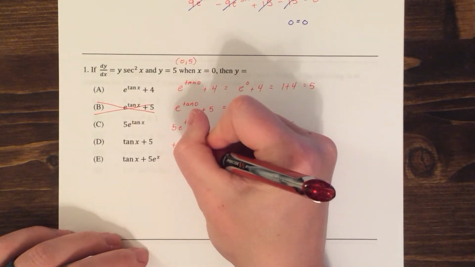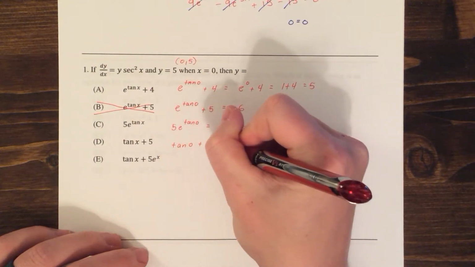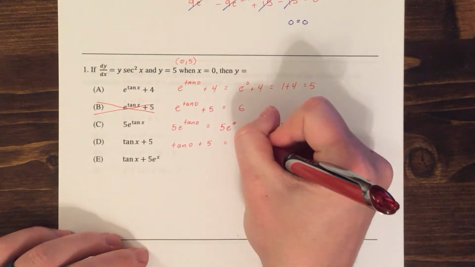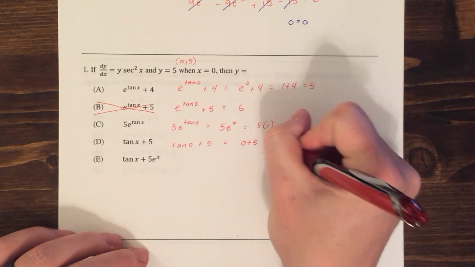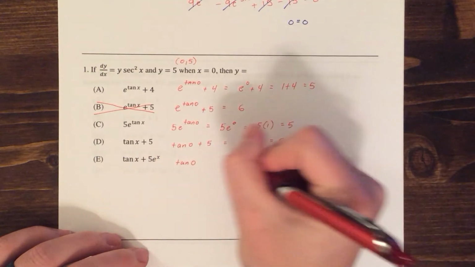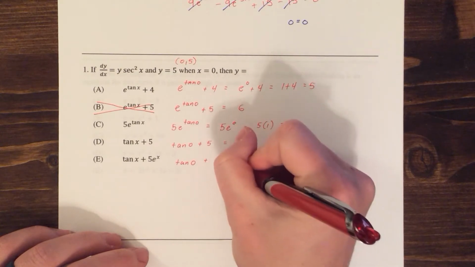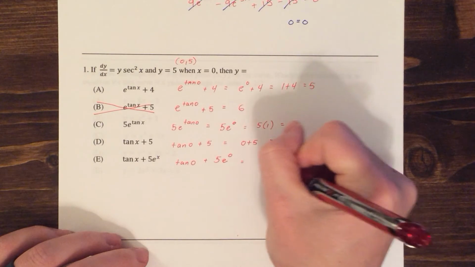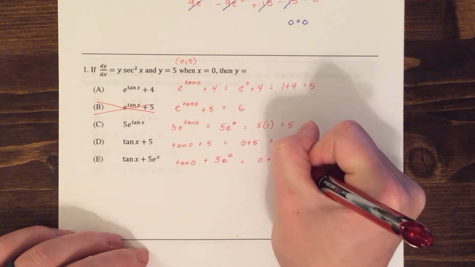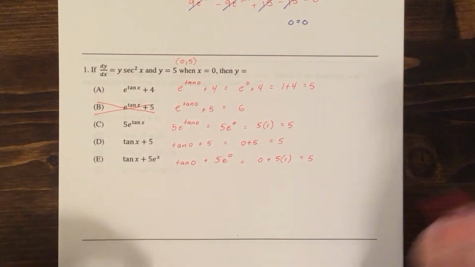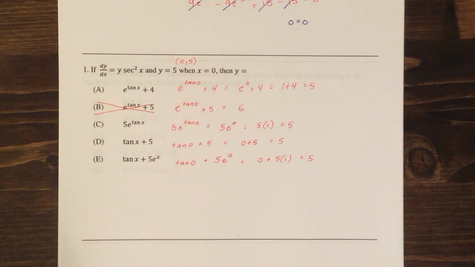So that checks out. Tangent of 0 plus 5 is 0 plus 5. So that works. Then we have tangent of 0 plus 5e to the 0. So that's 0 plus 5 times 1, which is also 5. So B is really the only one that we marked out, plugging in the points.